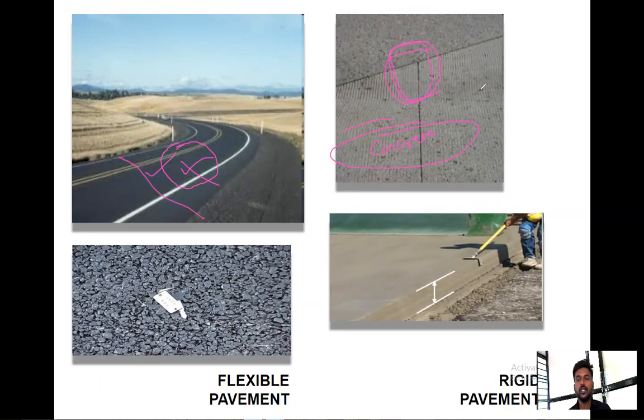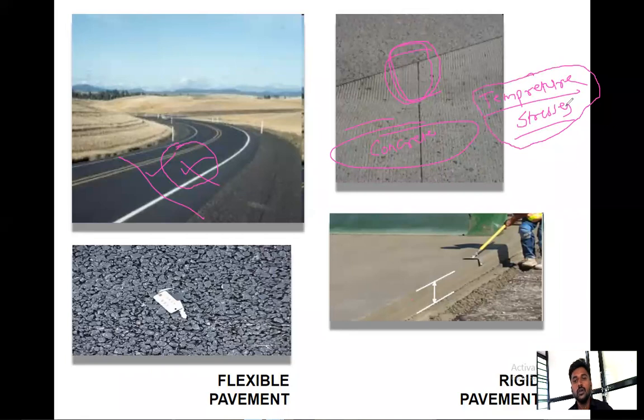See, I will tell, please listen carefully, because concrete is very susceptible to temperature stresses. The reason behind this is the temperature stresses. What are these temperature stresses, and how are they generated?